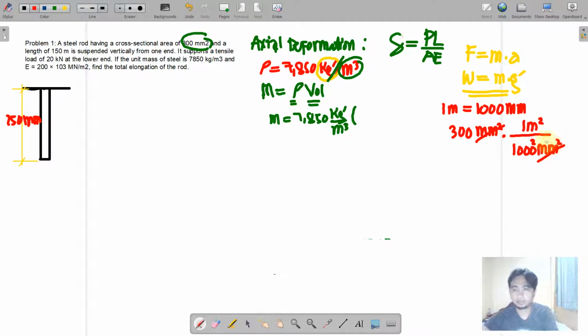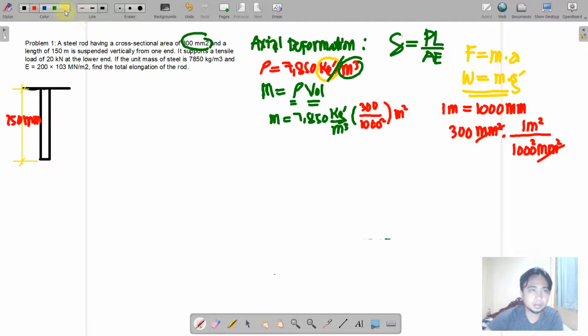Therefore, this is 300 all over 1000 squared, which is now meter squared. This is the area.